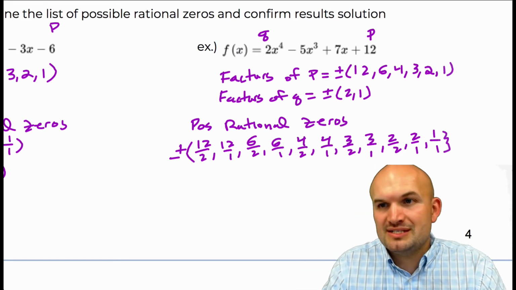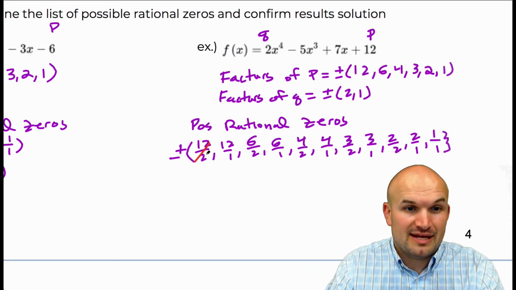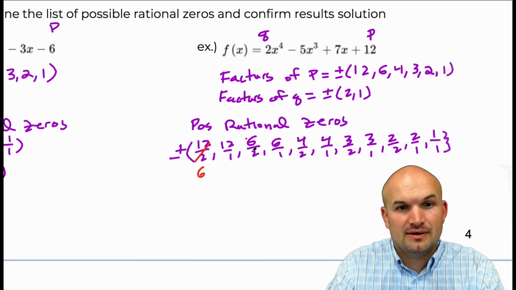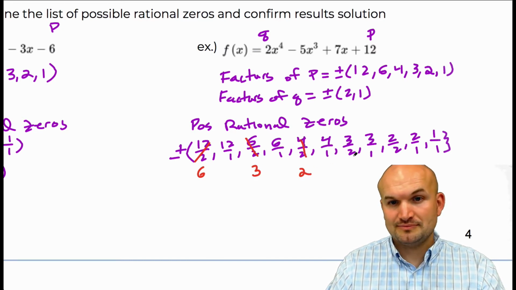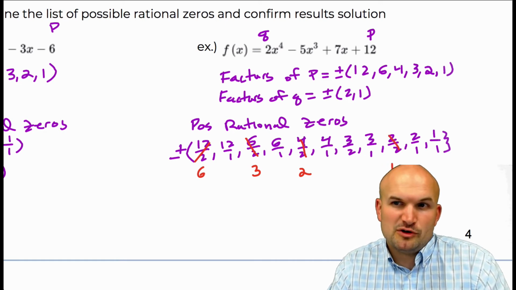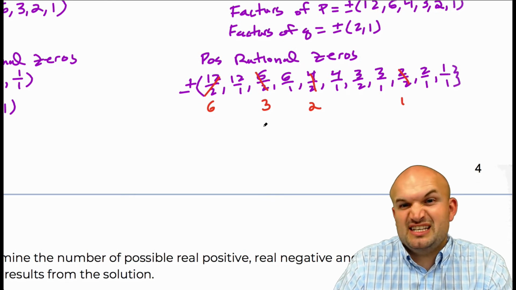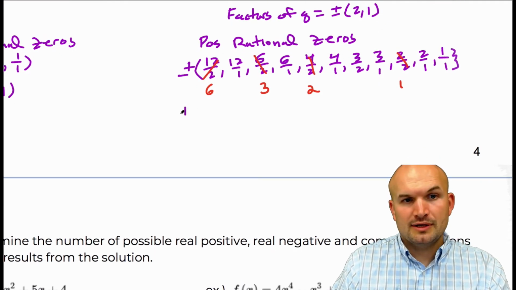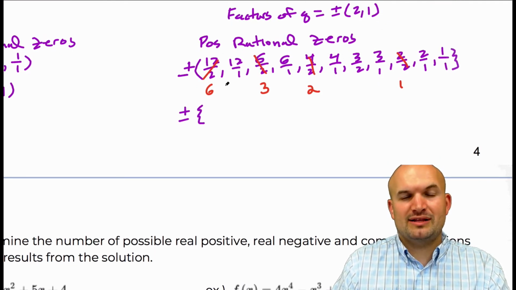And then obviously you can see that a lot of these can be simplified, right? That can be simplified to a 6. That can be simplified to a 3. That can be simplified to a 2. And that can be simplified to a 1. So if I'm going to write these, preferably like on a multiple choice test, you'll see these written in order, so we just want to write them in descending order.